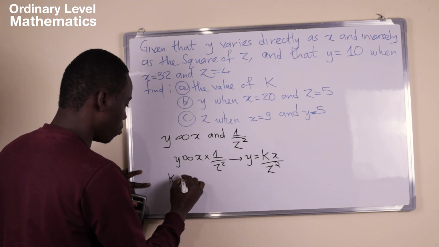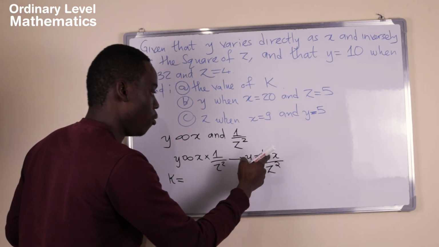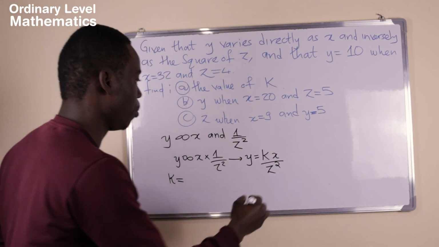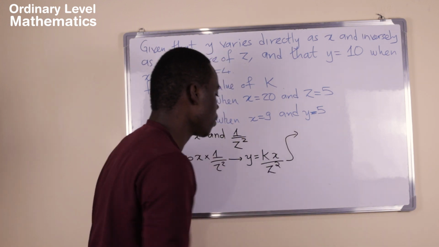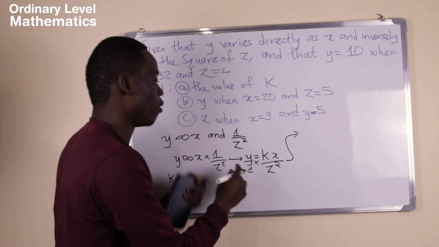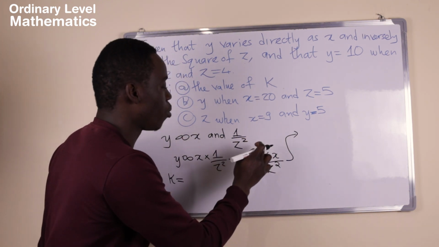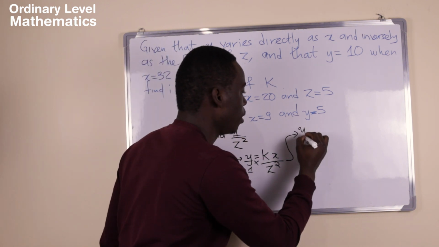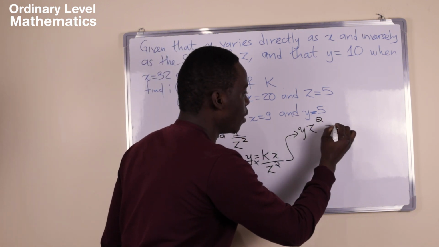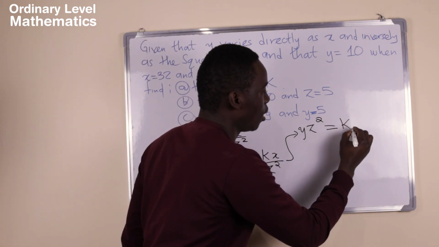So k will be equal to, all you have to do is to make k the subject of the formula. How do we do that? I'm going to bring it here. All you have to do is cross multiply so that you have them on one line. So this will be y z squared is equal to 1 times kx, which is kx.